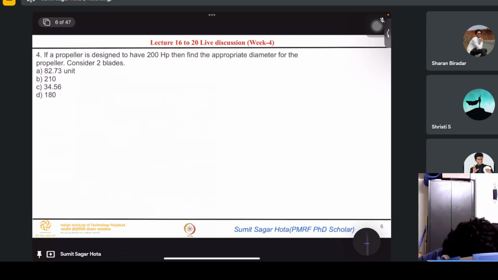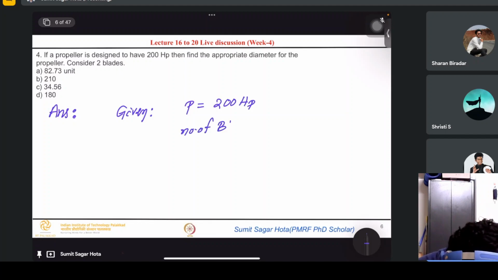Now the next question. If a propeller is designed to have 200 horsepower, find the appropriate diameter for the propeller. Consider two blades. P equal to 200 horsepower, number of blades equal to 2.